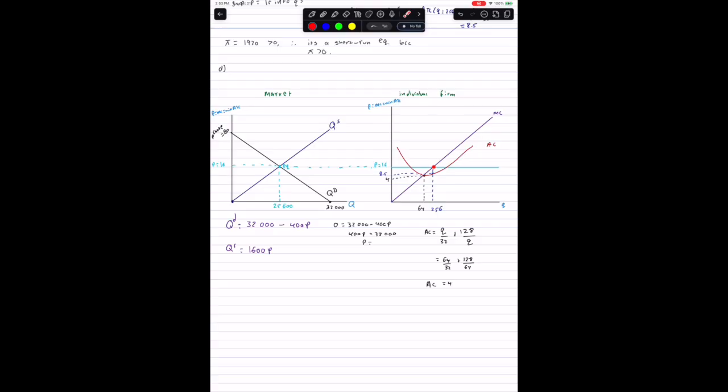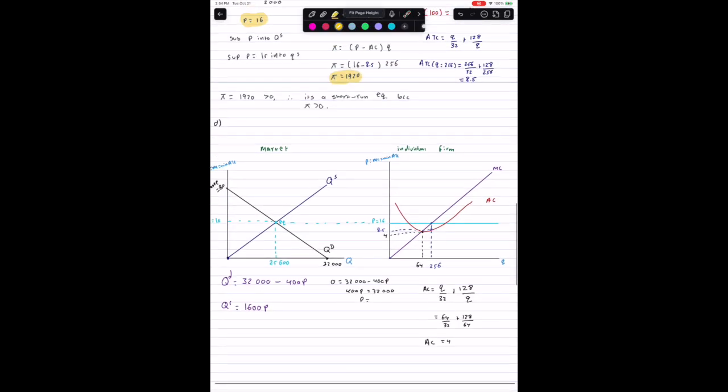When the price is equal to the marginal cost, which is equal to average cost, we know Q is going to be equal to 256. We also know that at Q equal to 256, average cost is equal to 8.5. We know average cost is minimized when Q is equal to 64, and the price is equal to 4.